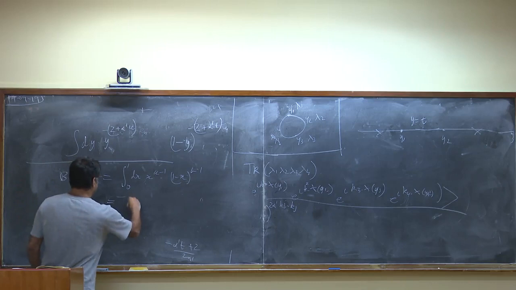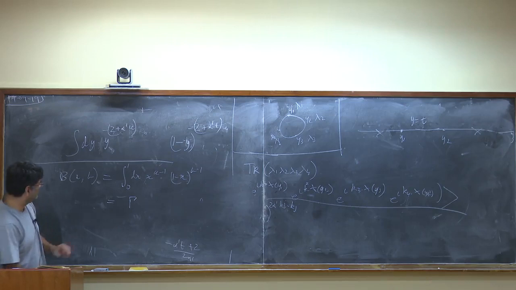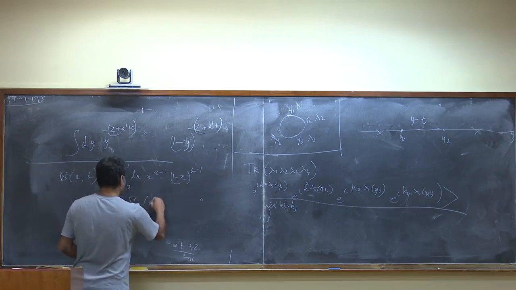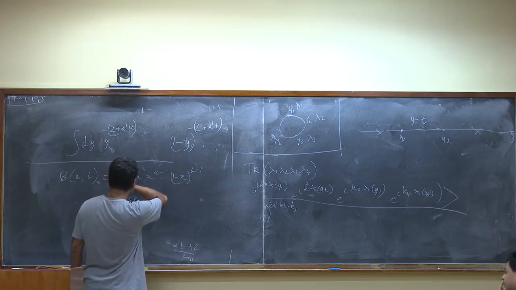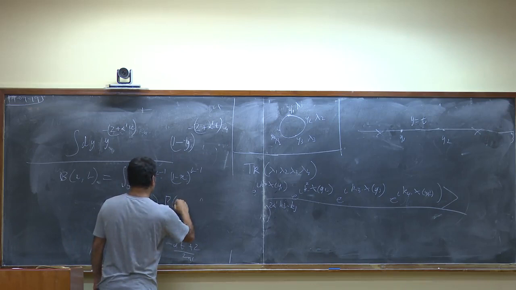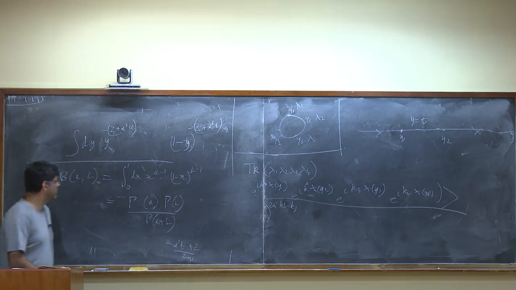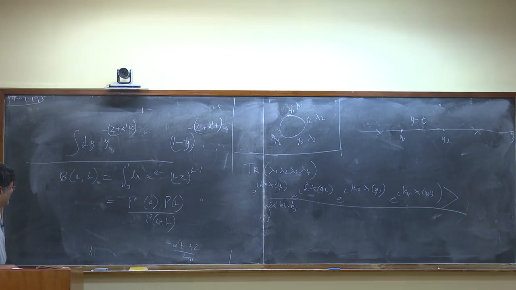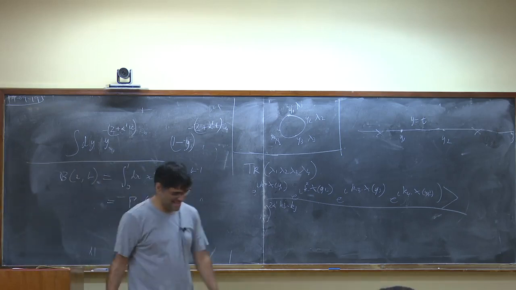So gamma a, gamma b over gamma a plus b. I think you're right. Thank you. Yes. Another proof of why gamma half is square root of pi. Excellent.